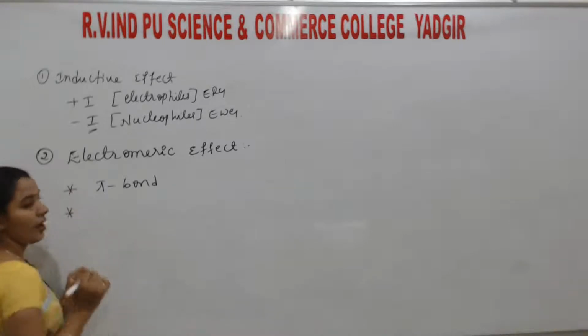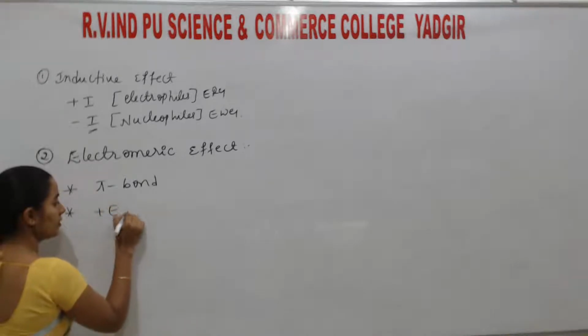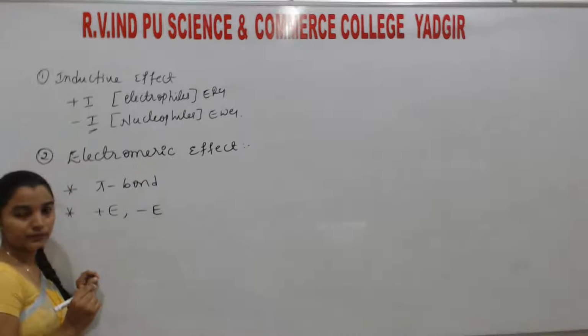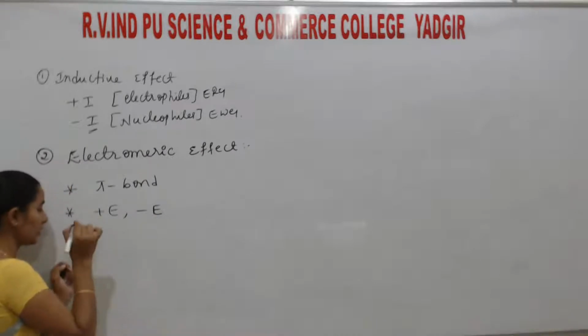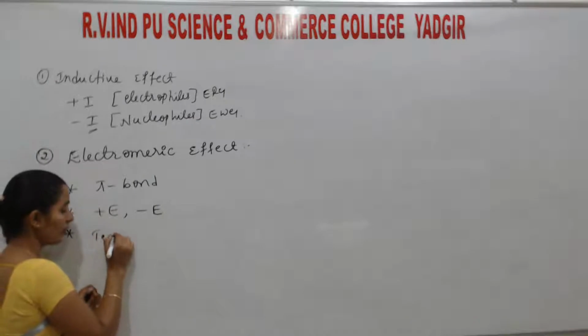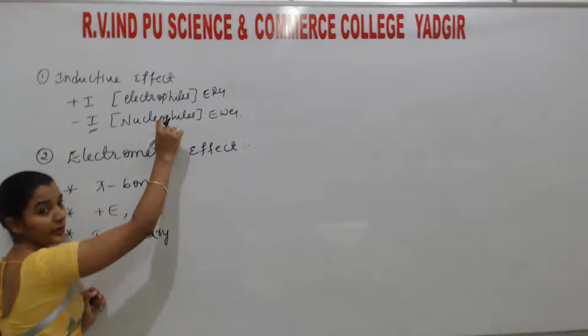And of course, here also two types are there. One is plus E effect. Another one is minus E effect. Initially, I write the characteristics here. Next, this effect is temporary, whereas this one is permanent.